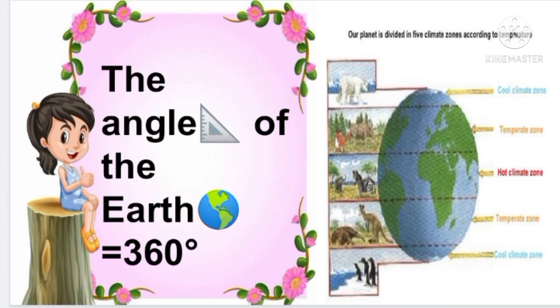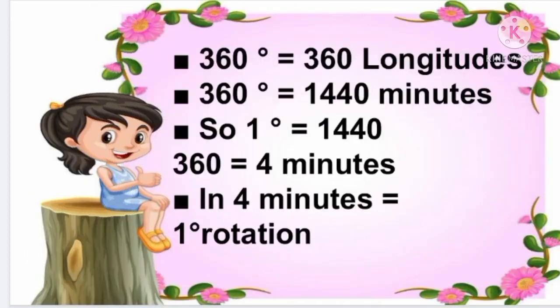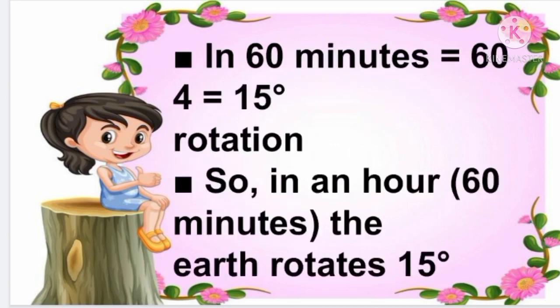The angle of the earth is equal to 360 degrees. 360 degrees is nothing but 360 longitudes. 360 degrees is equal to 1440 minutes. So 1 degree is equal to 1440 by 360, that is 4 minutes. In 4 minutes, the earth makes 1 degree of rotation.